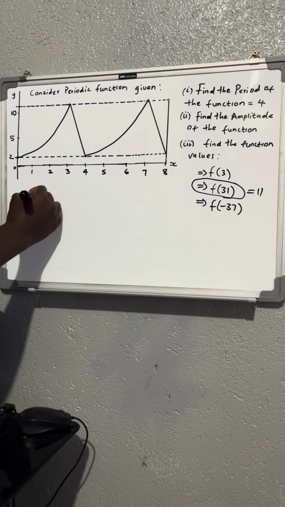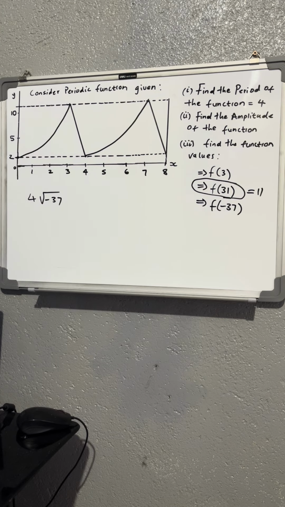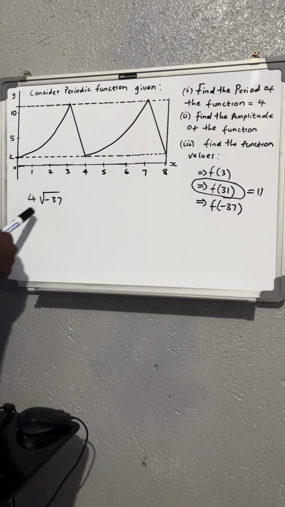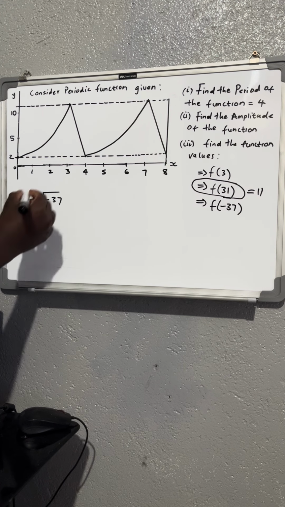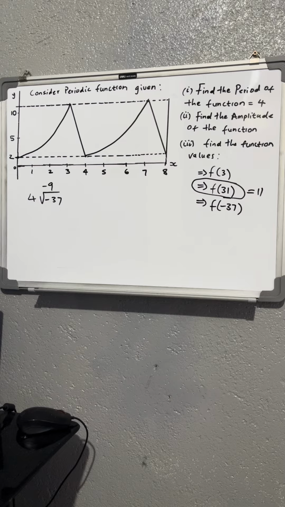So you still have your 4, then you have your minus 37. Minus 37 divided by 4 gives you your minus 9.25. But remember, I just said you take the number as it is, you don't take the decimals after. Then you will say, what's your minus 9 times 4?